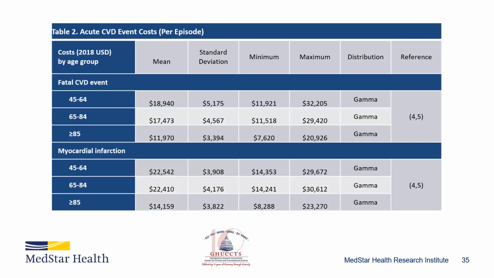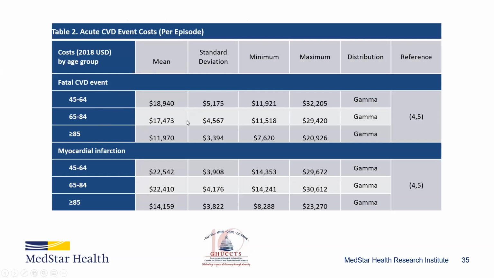Here's an example from a recent study that we did where we have a cost per episode. You can see here for a fatal CV event for different age groups, there's a different mean cost.